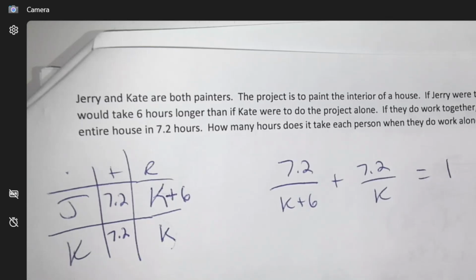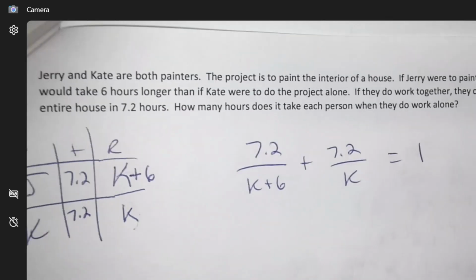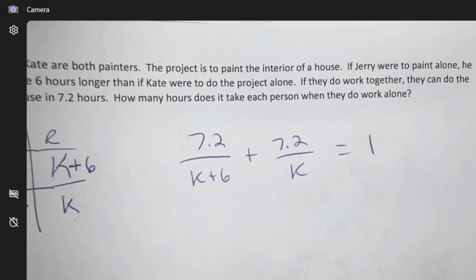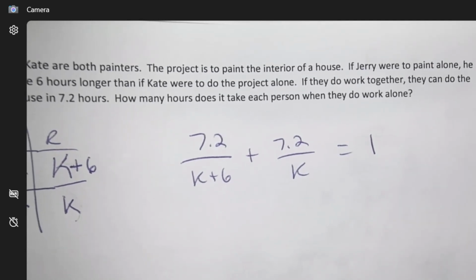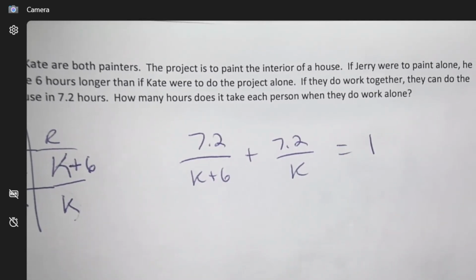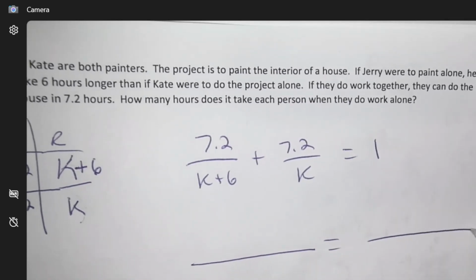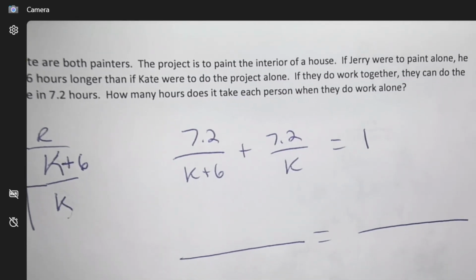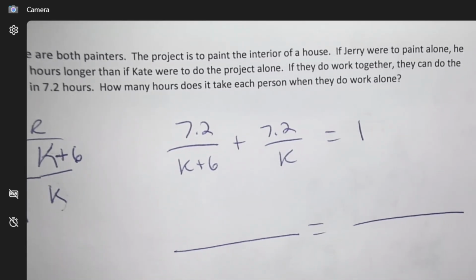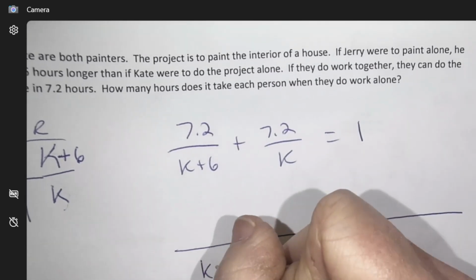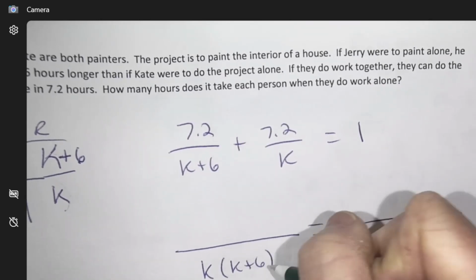This portion plus this portion equals the 1. Okay, I'm going to pick a common denominator. So I'm going to do a k and a k plus 6.